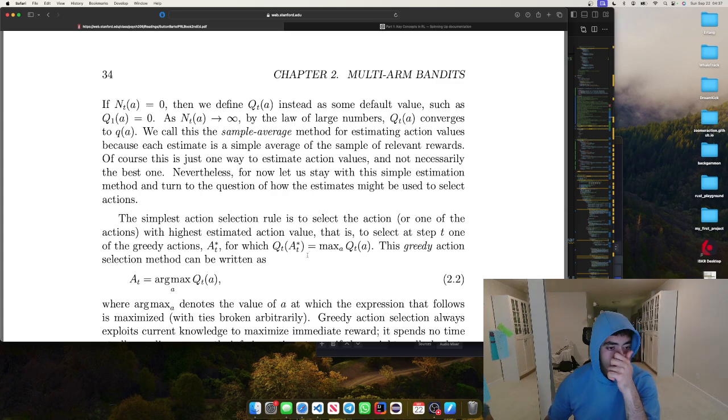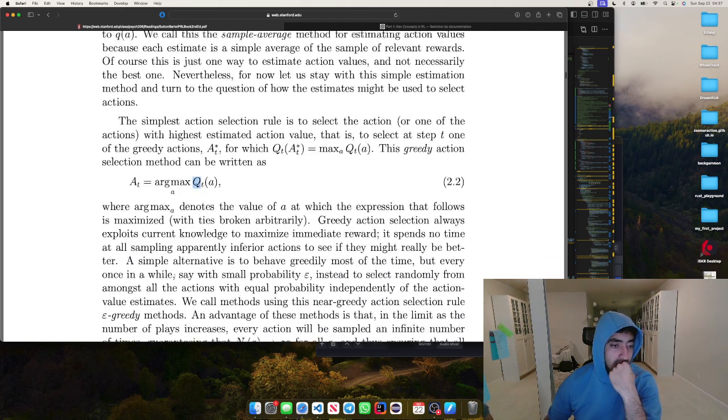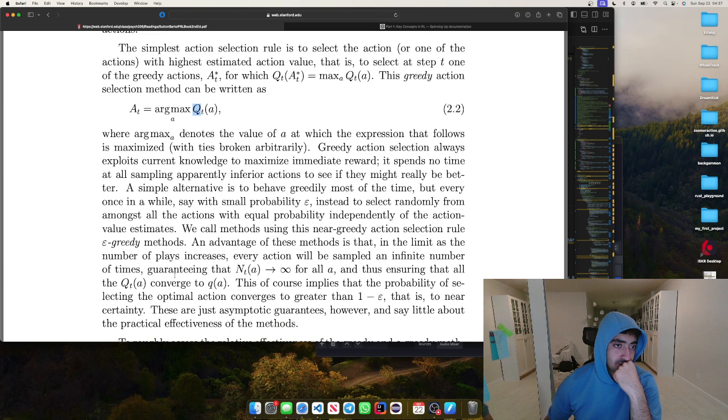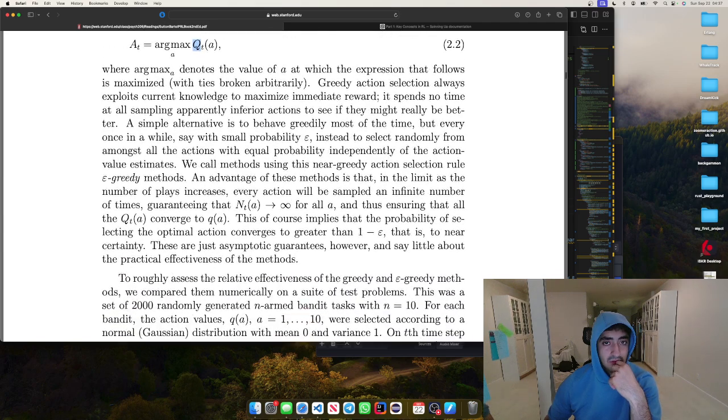This greedy action selection method can be written as A_t = argmax_a Q_t(a), where argmax denotes the value of a at which the expression that follows is maximized, with ties broken arbitrarily. Greedy action selection always exploits current knowledge.